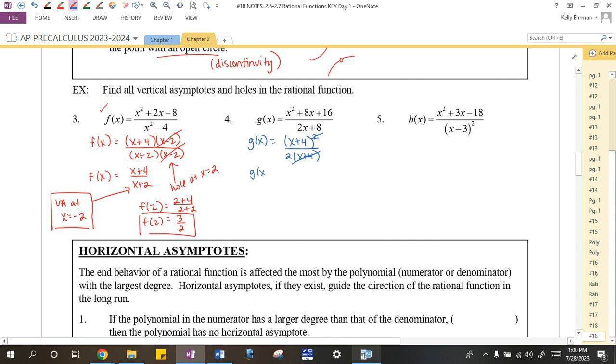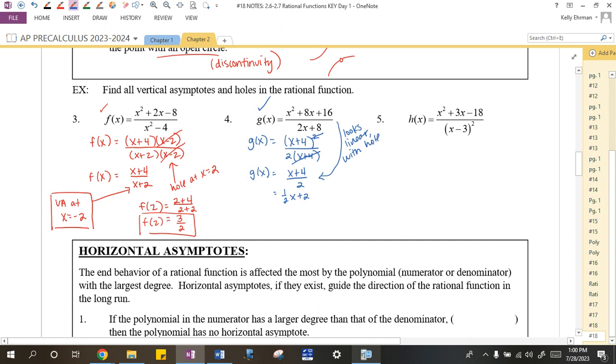So our simplified function is just x plus 4 over 2. And so again, the original graph looks like this. X plus 4 over 2, that's not rational anymore. That's like 1/2 x plus 2. So it looks linear. It's not linear. It's not a linear function.